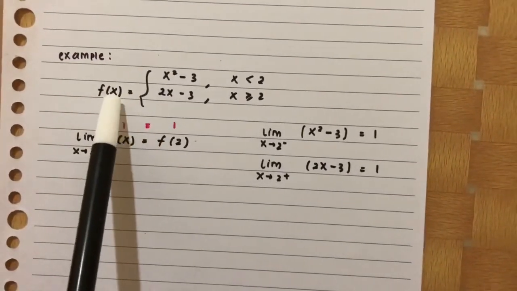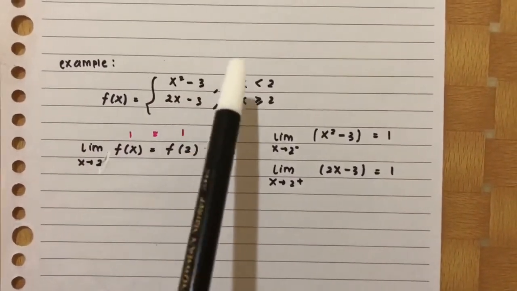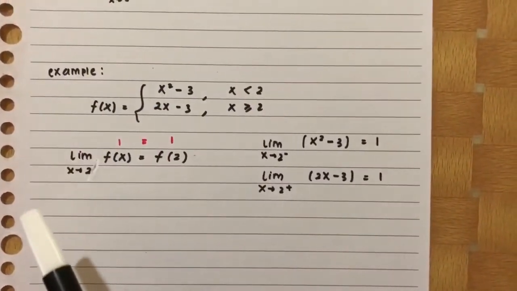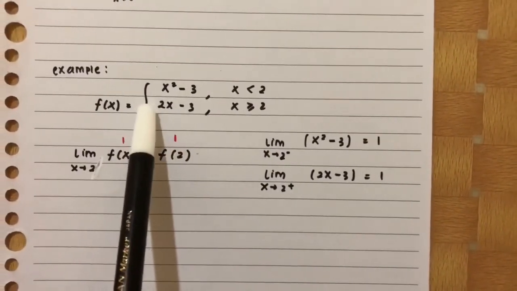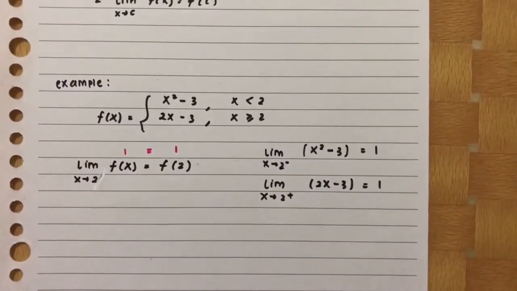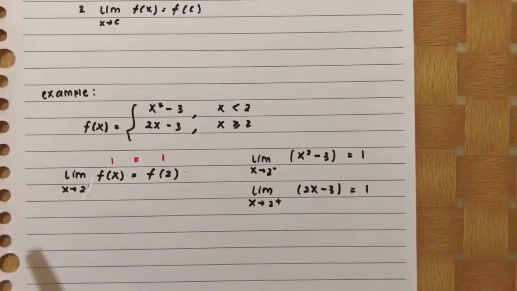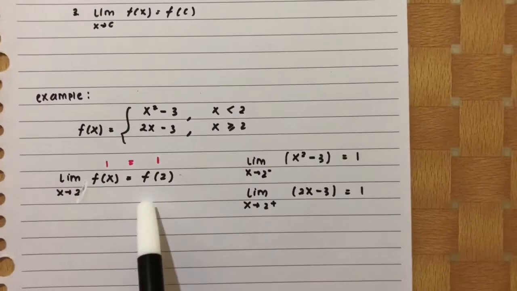For example, we have f of x equals x squared minus 3 when x is less than 2. Then we have 2x minus 3 when x is greater than or equal to 2. To check for continuity, we need the limit of f of x as x approaches 2 to equal f of 2.